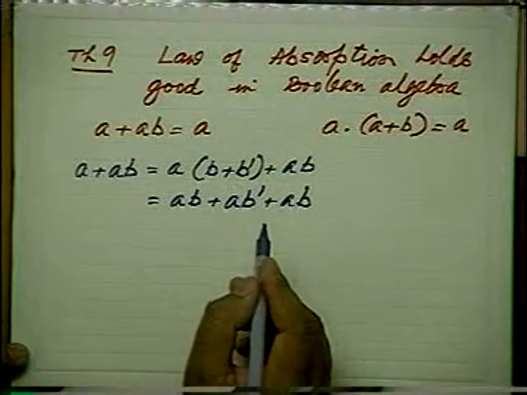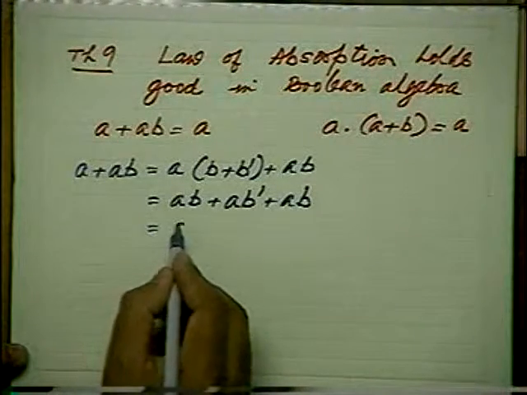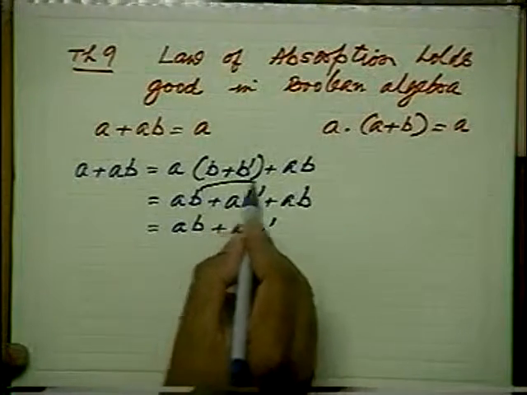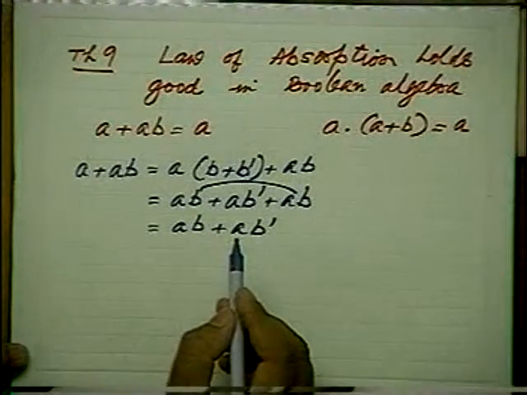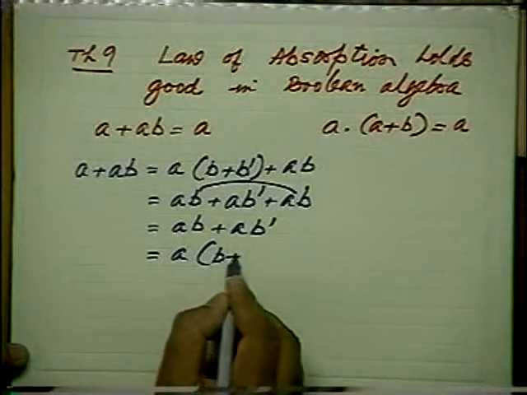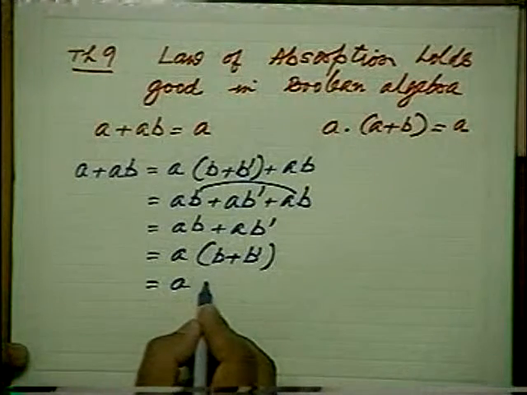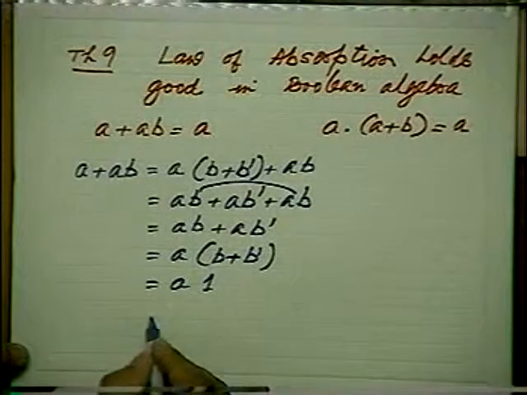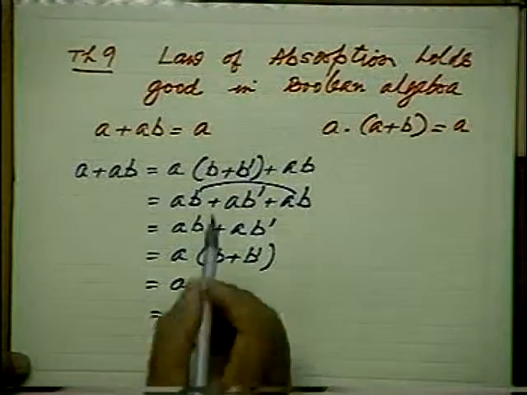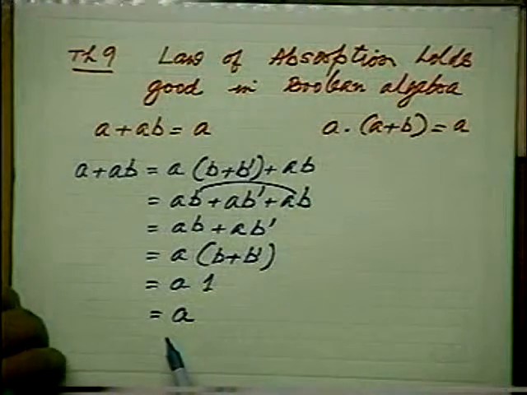This is essentially AB plus AB dash, A plus A equal to A. Then A dot (B plus B dash), this is A dot 1, this is A. Therefore, this law of absorption is proved.